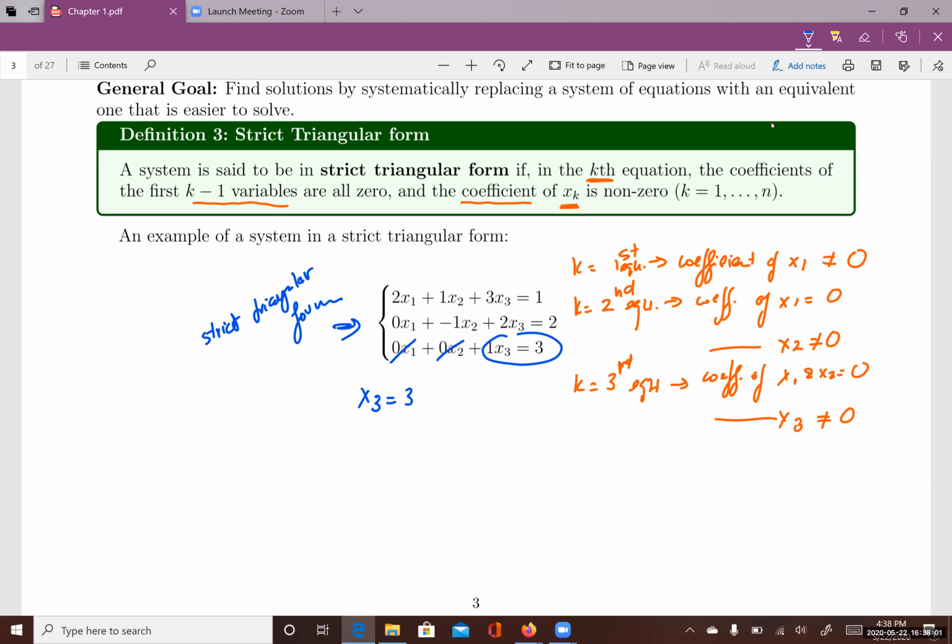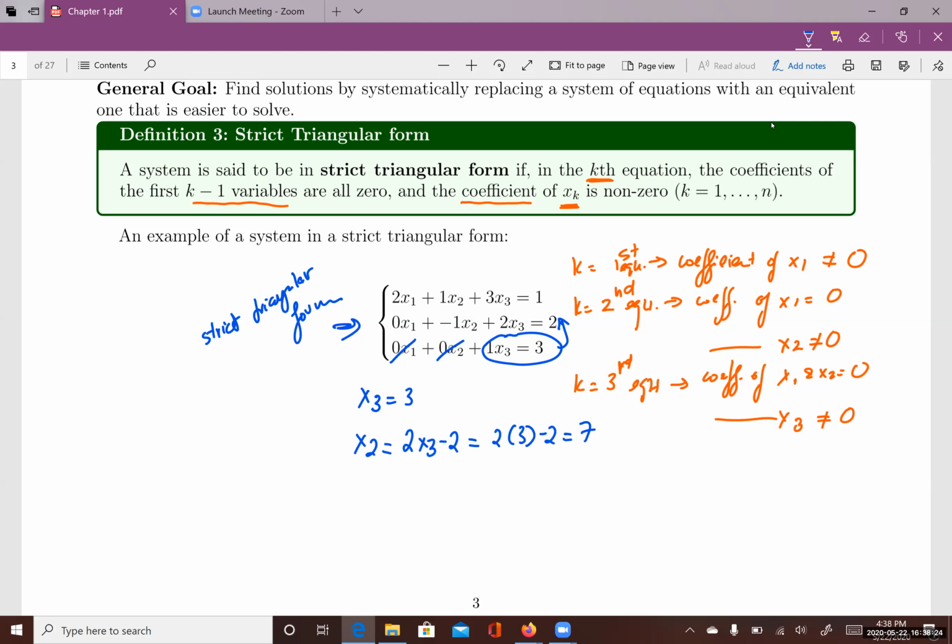So if I solve for x3, then I can look at the second equation. I have x3 equals 3, then I can solve for x2. So x2 equals 2x3 minus 2, which is 2 times 3 minus 2, which is 4.